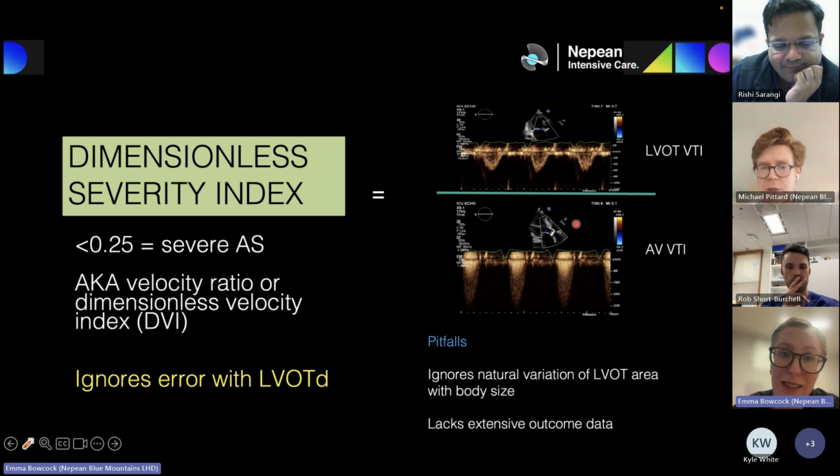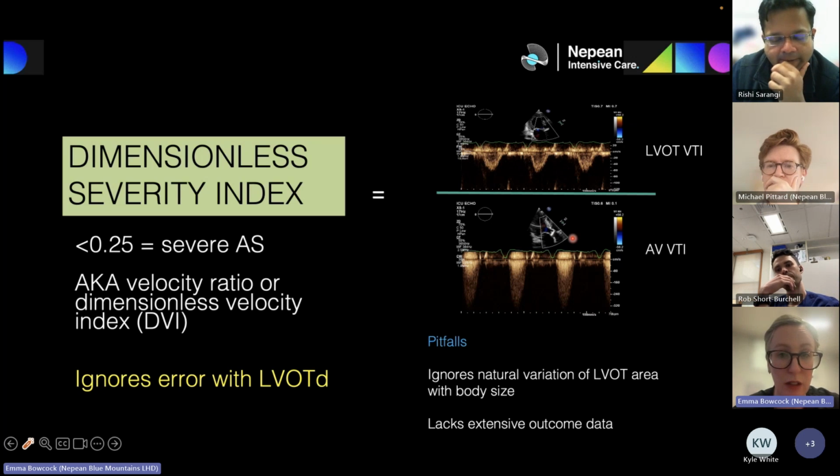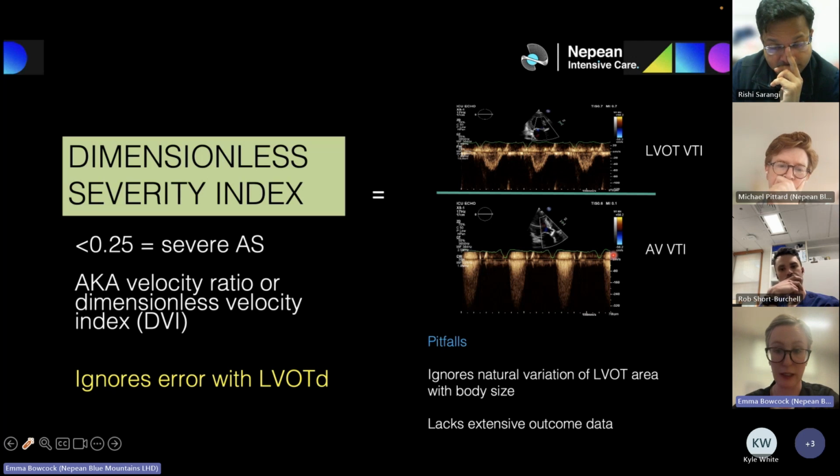LVOT diameter, and this is your DSI. As you can see, it's the same equation as your aortic valve conservation of mass equation, but you've lost your LVOT cross-sectional area, basically. So you don't have to measure LVOT diameter. And you have LVOT VTI as a numerator, aortic valve VTI as a denominator.